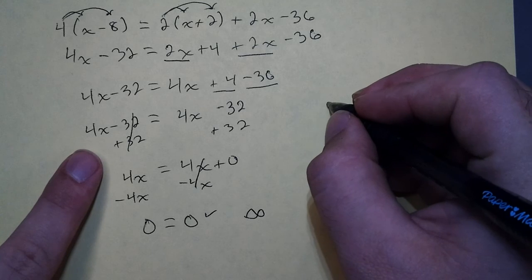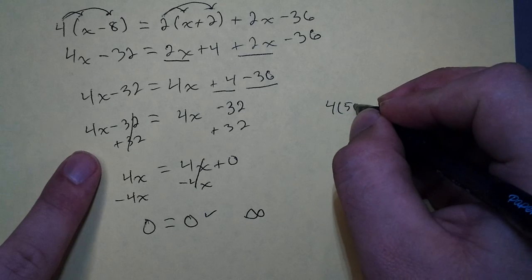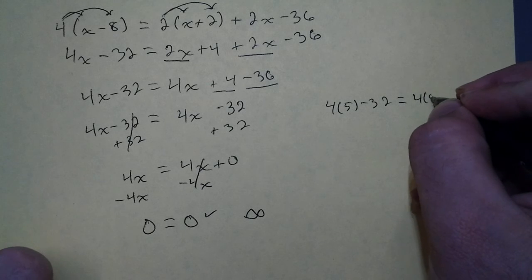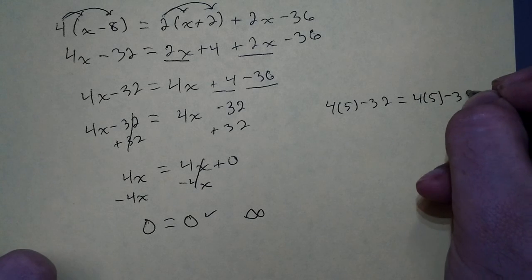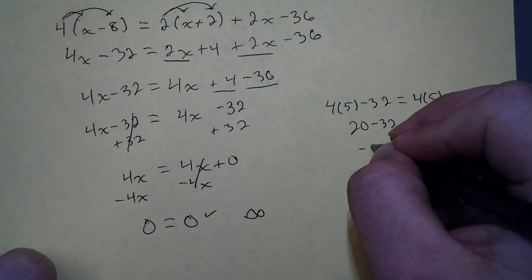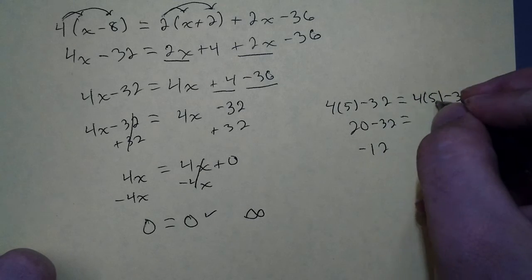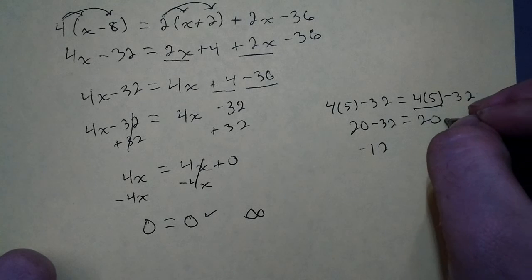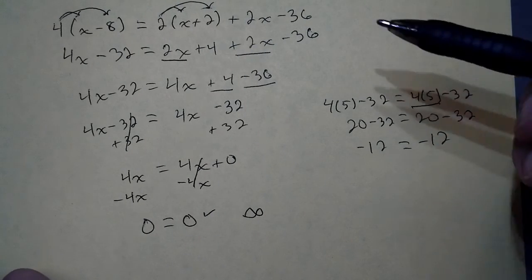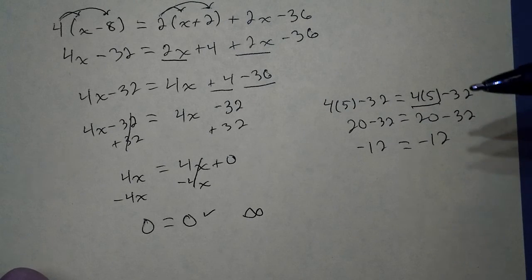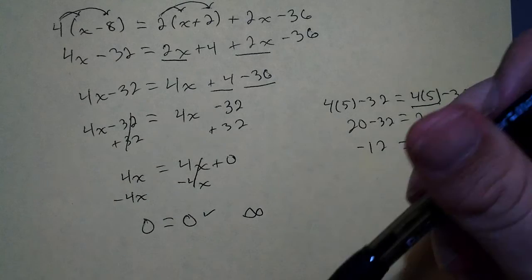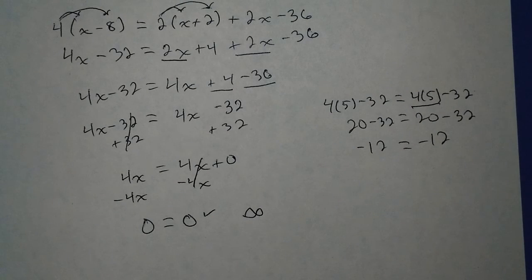So let's try 5. 4 times 5 minus 32 should equal 4 times 5 minus 32. 4 times 5 is 20. 20 minus 32 gives us negative 12. On this side, 4 times 5 is still 20, and then 20 minus 32 will still give us negative 12. Since we're doing the exact same thing, it doesn't matter what number we put in. Any number will work. So this will have infinite solutions.